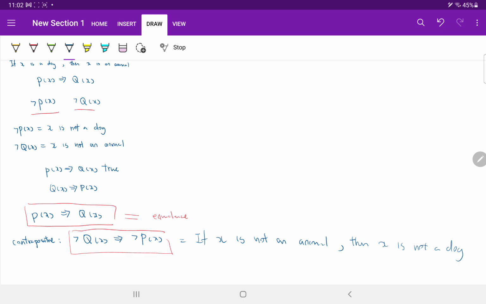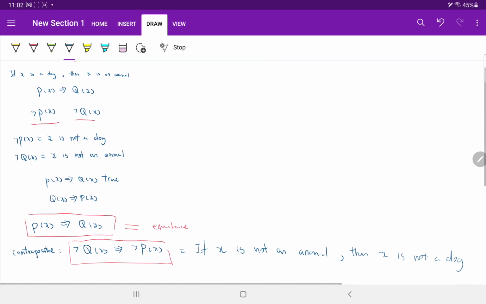Therefore, I just showed that P(x) implies Q(x) is equivalent to its contrapositive, the negation of Q(x) implies negation of P(x). If X is not an animal, then X is not a dog. Makes sense, because if X is not an animal, then X certainly cannot be a dog, because dog must be part of animal. And if it's not an animal in the first place, then it cannot be a dog.